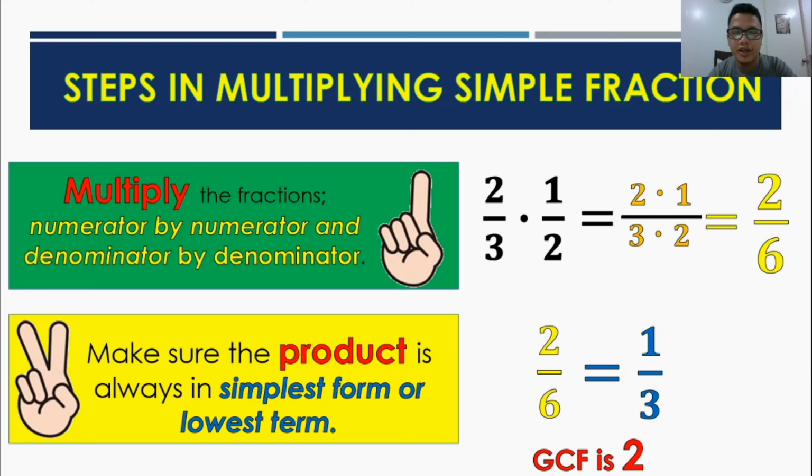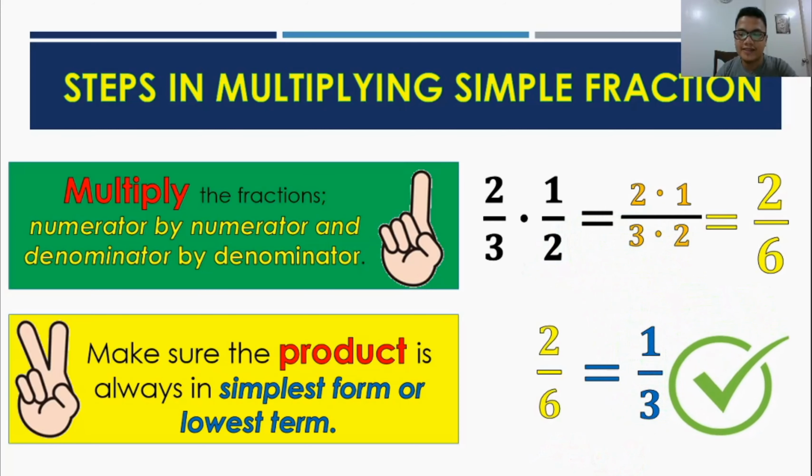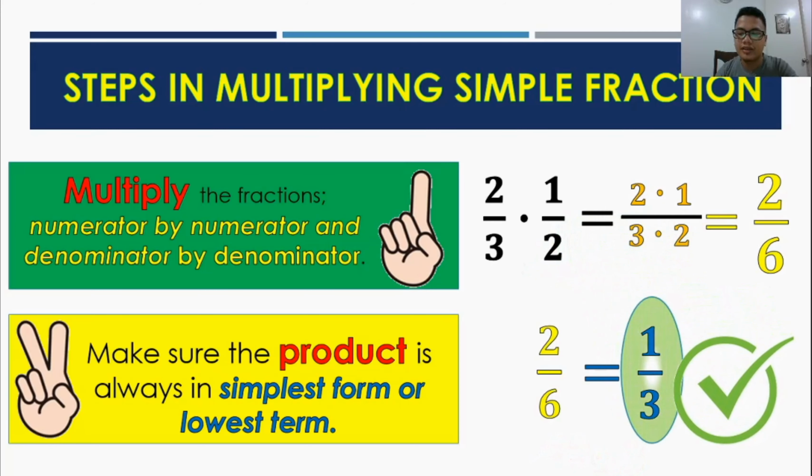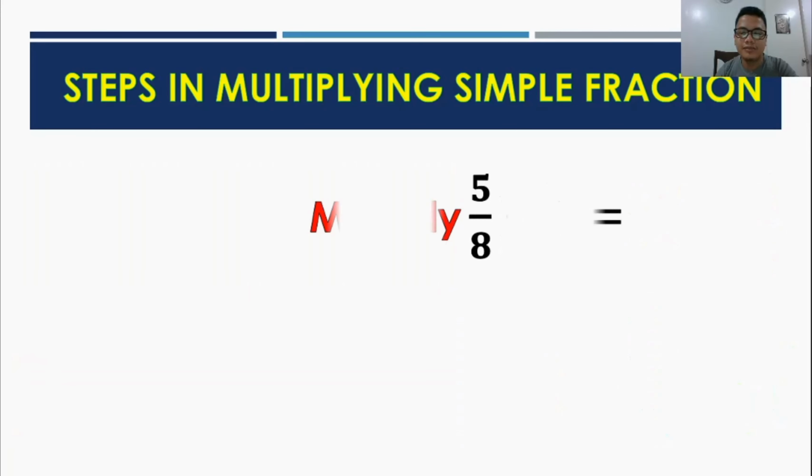If ever you forgot already how to simplify fractions, just go back, rewind the video. Okay? So is 1 over 3 simplified? Then yes. Therefore, it's our final answer. Let's move to our next example.